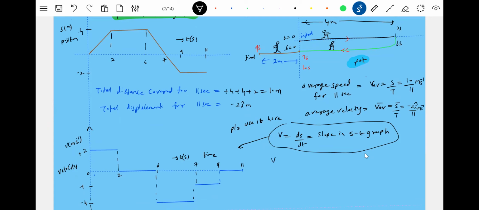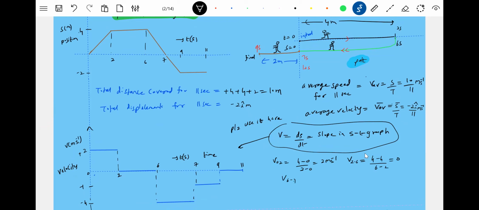For 0 to 2, the slope will be 4 minus 0 by 2 minus 0, which is 2 meters per second. The slope for 2 to 6 will be 4 minus 4 by 6 minus 2, which is 0.